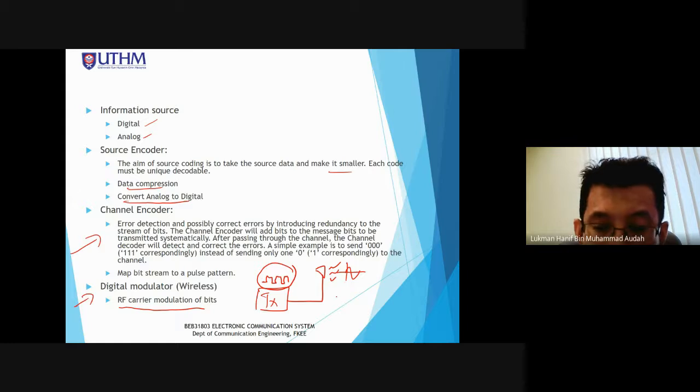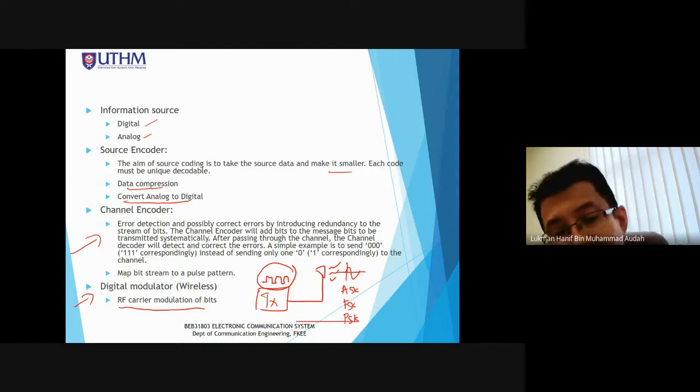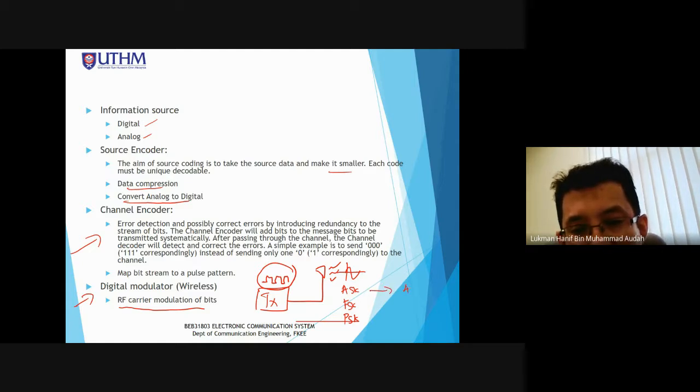Ini yang kamu belajar dalam lab, kalau kamu ada belajar sebelum ini. Amplitude shifting, frequency shifting, and phase shifting. Ini yang setara dengan, kalau dalam chapter 3 kita belajar AM dan FM.